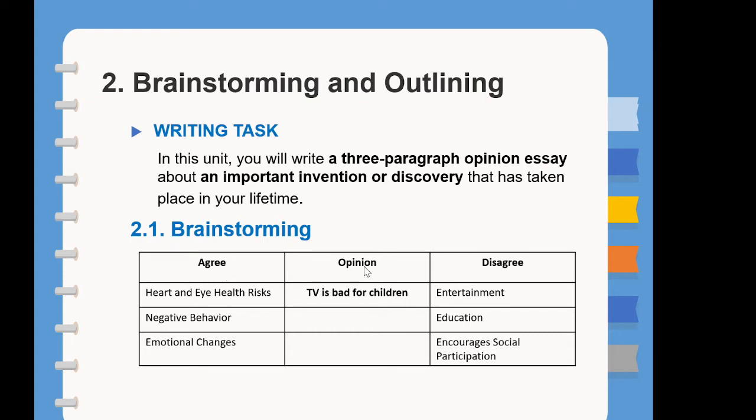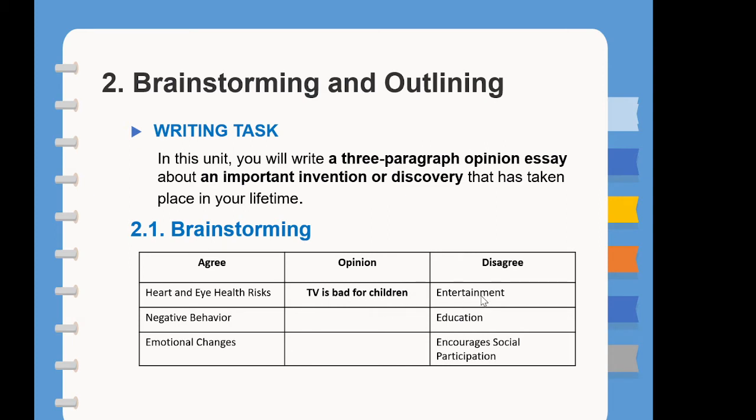For example, in the agree column, you have why TV is bad for children. How is it bad for children? You agree, for example, that TV is bad for children. So we have heart and eye health risks, negative behavior, emotional changes. This is when you agree. For disagree, I mean you do not support that TV is bad for children.